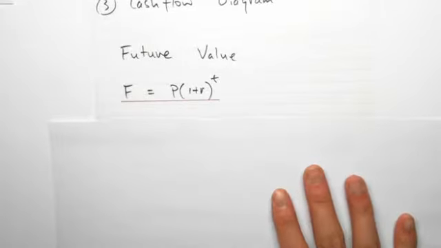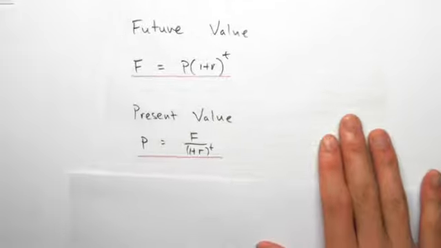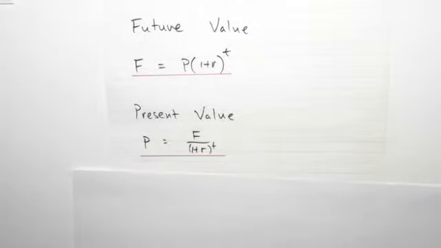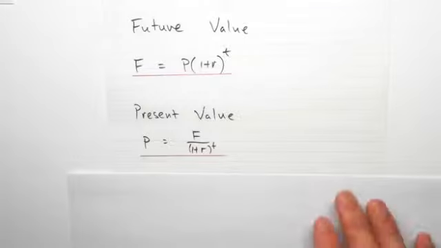At the same time, we can work in reverse and find the present value of something. Present value is calculated by P equals F over (1 + R)^T, and all this is just a rearrangement of the future value formula.